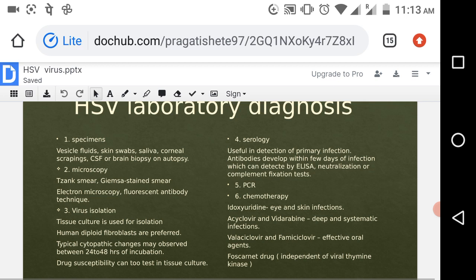Okay, so what will be observed in this smear? We will observe for the intranuclear inclusion bodies, intranuclear Cowdry type A inclusion bodies, okay, in this smear. Then the proteins, that is the herpes virus antigen, can be detected from the lesions, right?